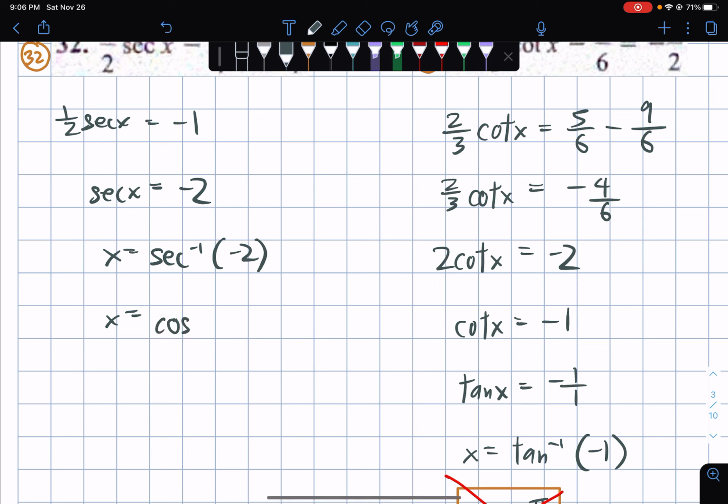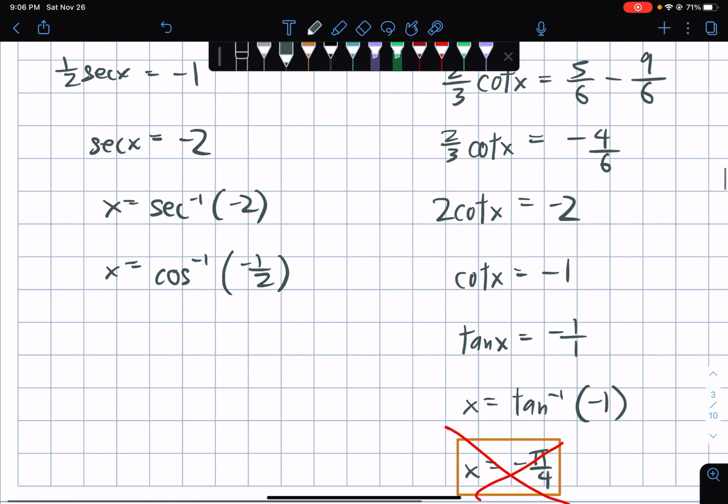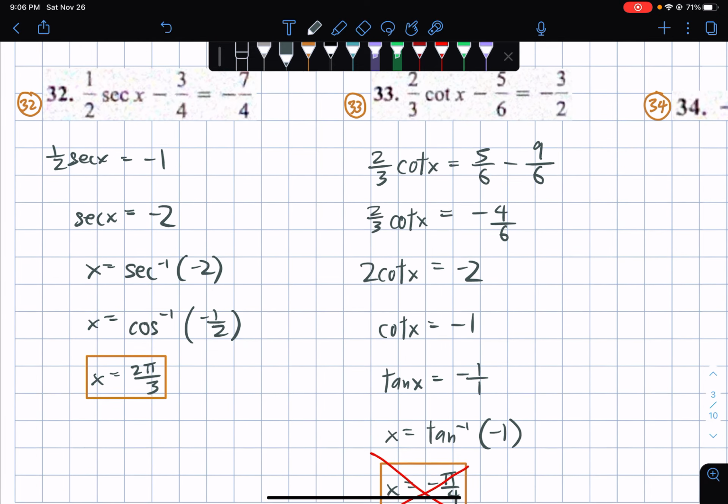Because secant is the inverse of cosine, if we want to express x in cosine, then you have to reciprocate the value that secant initially encases. So you have negative 1 over 2 there. X is equal to 2 pi over 3. This is one of the solutions.